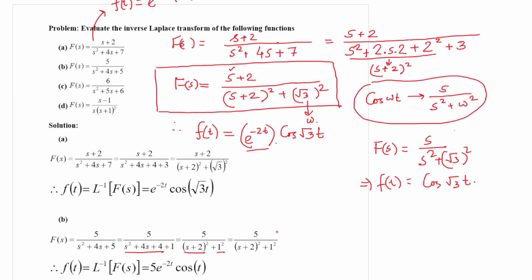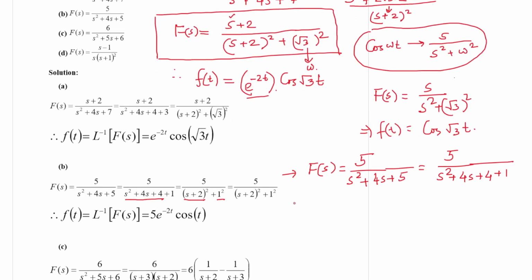So we have this function F(s), 5 divided by s square plus 4s plus 5, which is equal to 5 by s square plus 4s plus 4 plus 1. So with that we can write F(s) is equal to 5 by s plus 2 whole square plus 1 whole square.